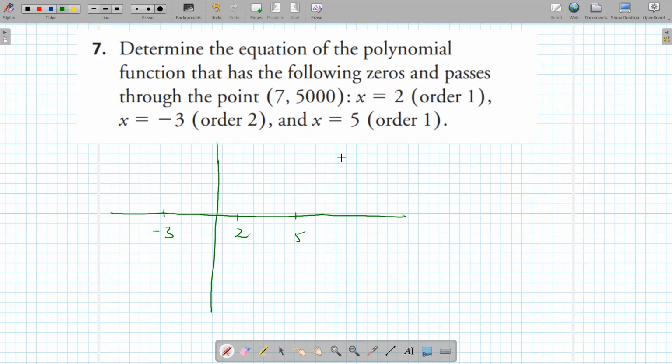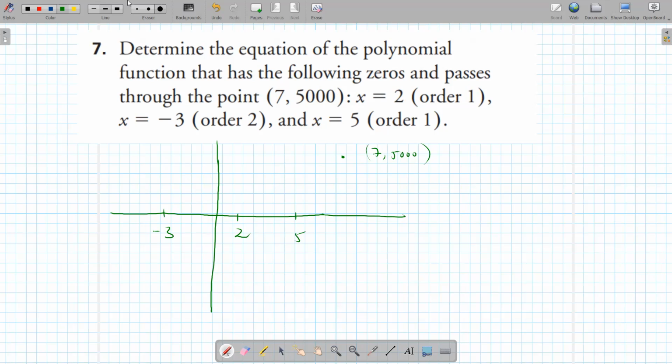And then it passes through some point 7, 5,000, okay? So is the leading coefficient positive or negative? It has to pass through that 7, 5,000. It's positive. Exactly.